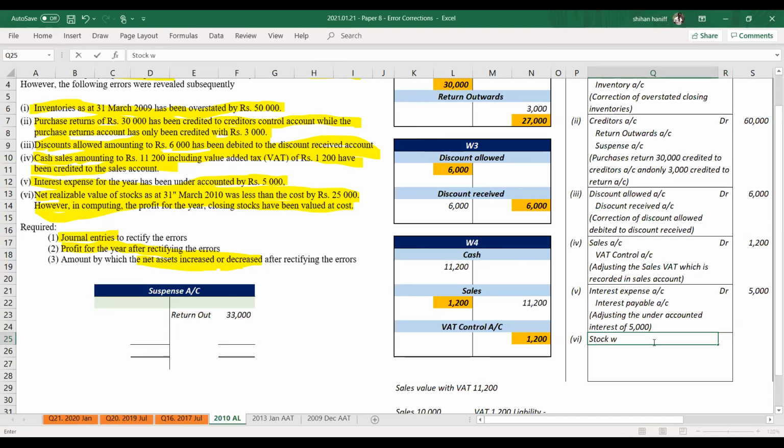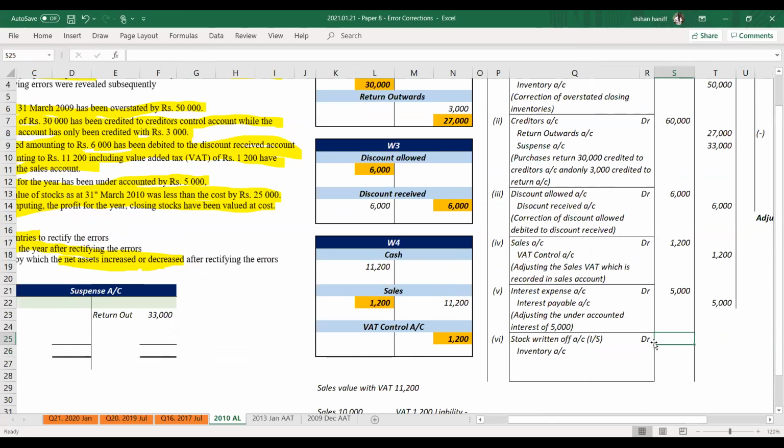Stock written off account debit, or this is the income statement. Income statement should be debited, and from the inventory we have to credit this 25,000.